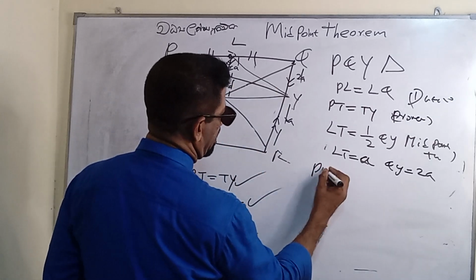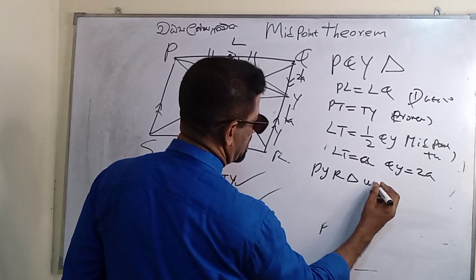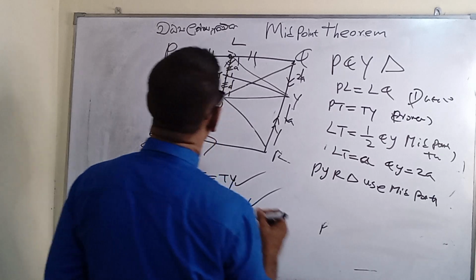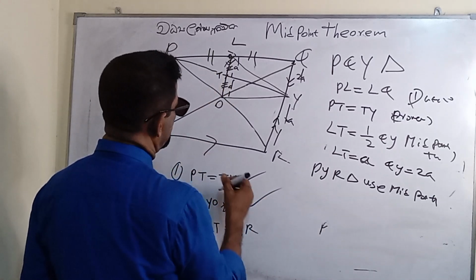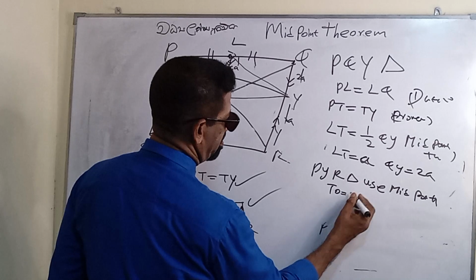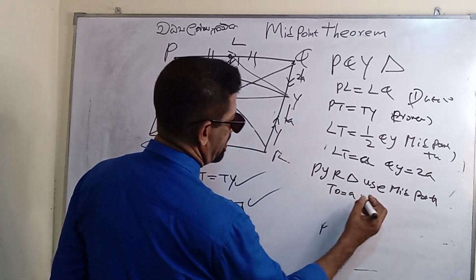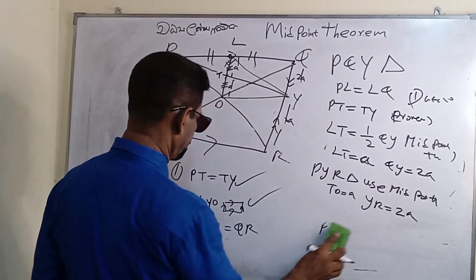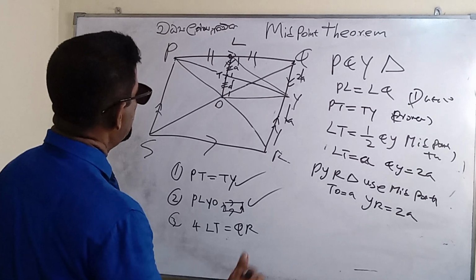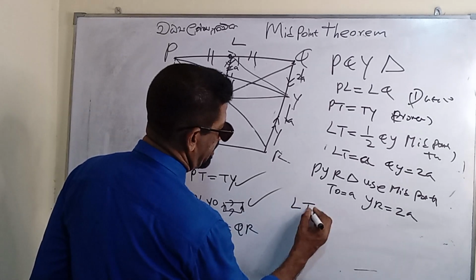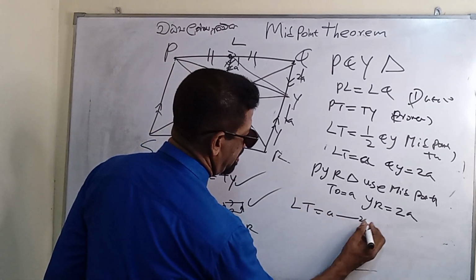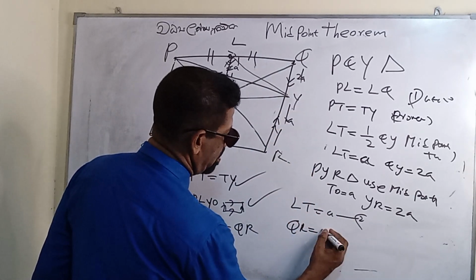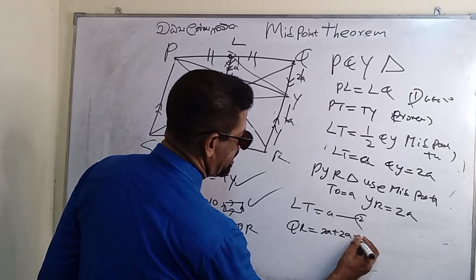In the same way, in triangle PYR use the midpoint theorem: TO equals A, then YR equals A. Then we can write what LT is: LT equals A. What is QR? 2A in addition to 2A, that should be 4A.